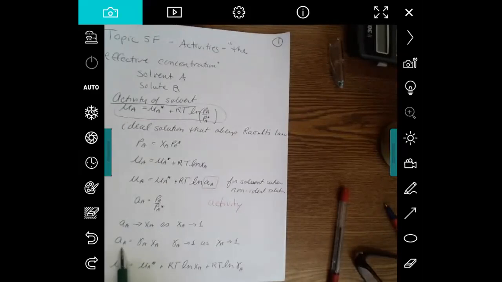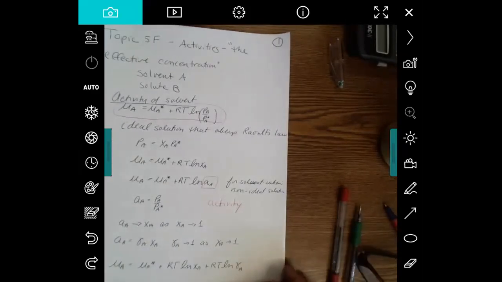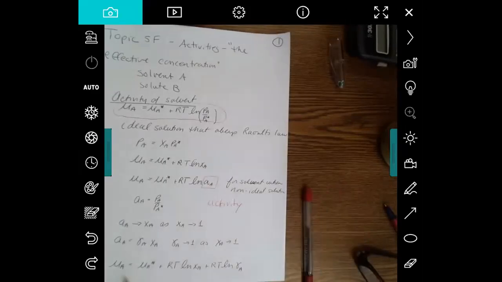So the activity of A is the activity coefficient times the mole fraction. And so now, based on what we said above, the activity coefficient is going to go to 1 as the mole fraction goes to 1. So as you get closer and closer to just pure A, the concentration of A is going to behave more like the activity.